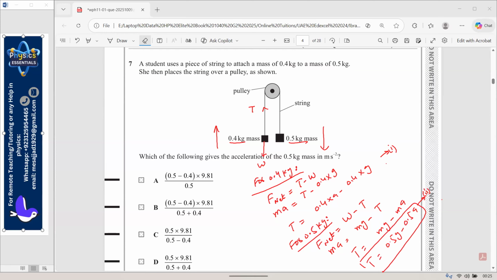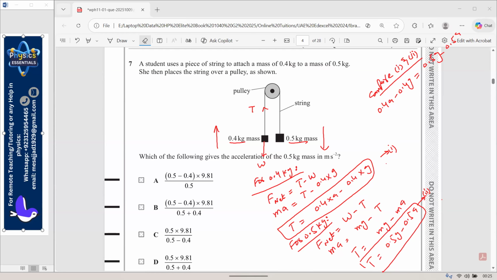Now, the left hand side of equation 1 and equation 2 is tension, so we can compare 1 and 2. When you compare them, the left hand sides are equal, so the right hand sides will become equal as well: 0.4a plus 0.4g equals 0.5g minus 0.5a.